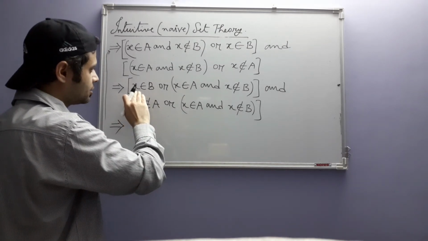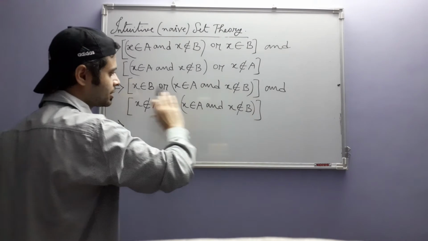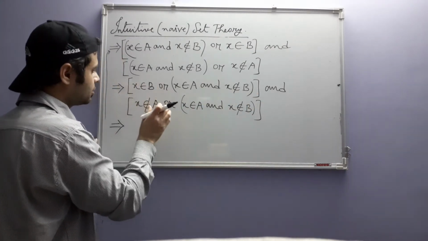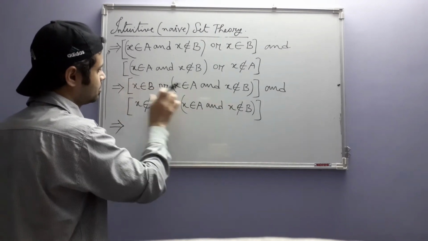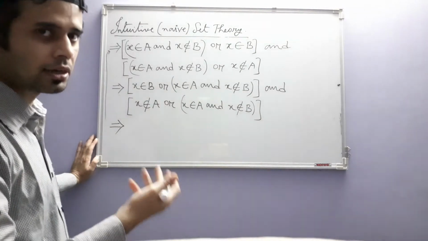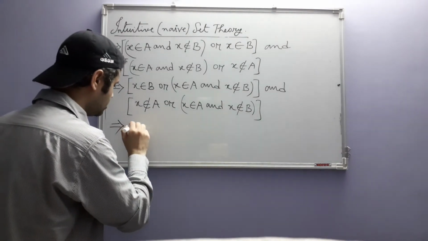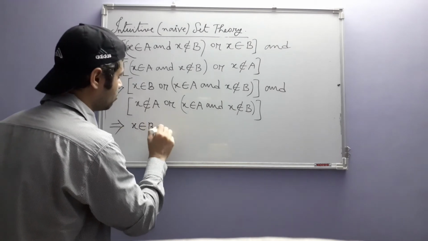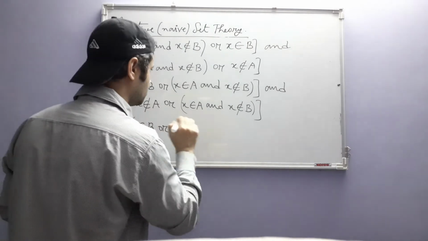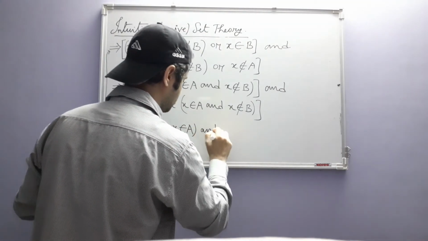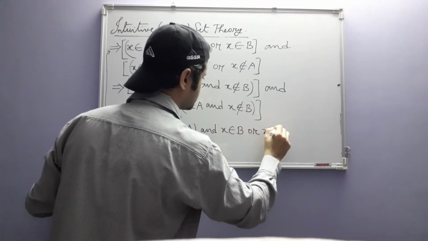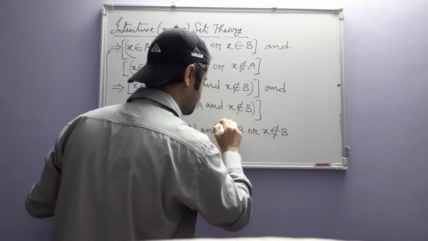When I am applying the distributive law here, I am forgetting everything else. To me, now the only thing in front of me is this, P or Q and R, which implies P or Q and P or R. That means X belongs to B or X belongs to A, and X belongs to B or X does not belong to B.